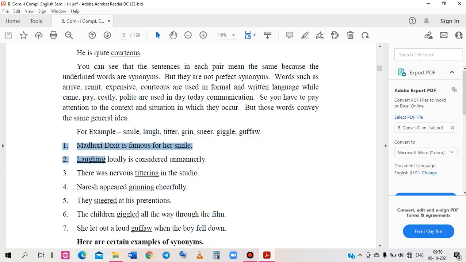Let's see those contexts. Madhuri Dixit is famous for her smile. Laughing loudly is considered unmannerly. See the difference. There was a nervous tittering in the studio. Naresh appeared grinning cheerfully. They sneered at his pretensions.